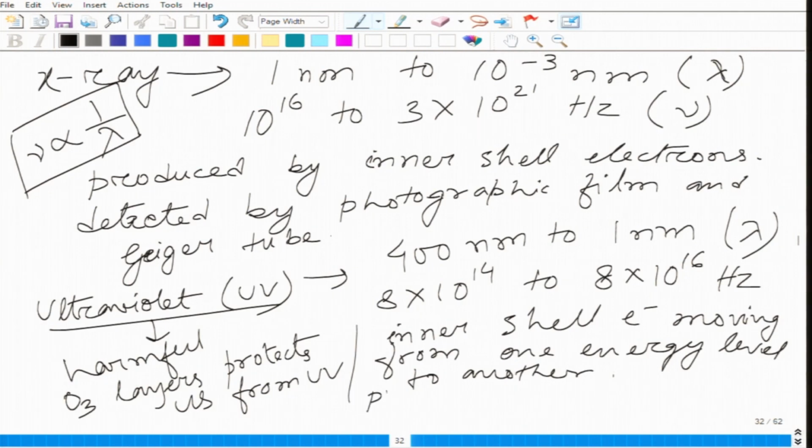And they are detected in photocells and photographic films. UV has lots of applications. UV visible spectroscopy is also a very important detection technique.